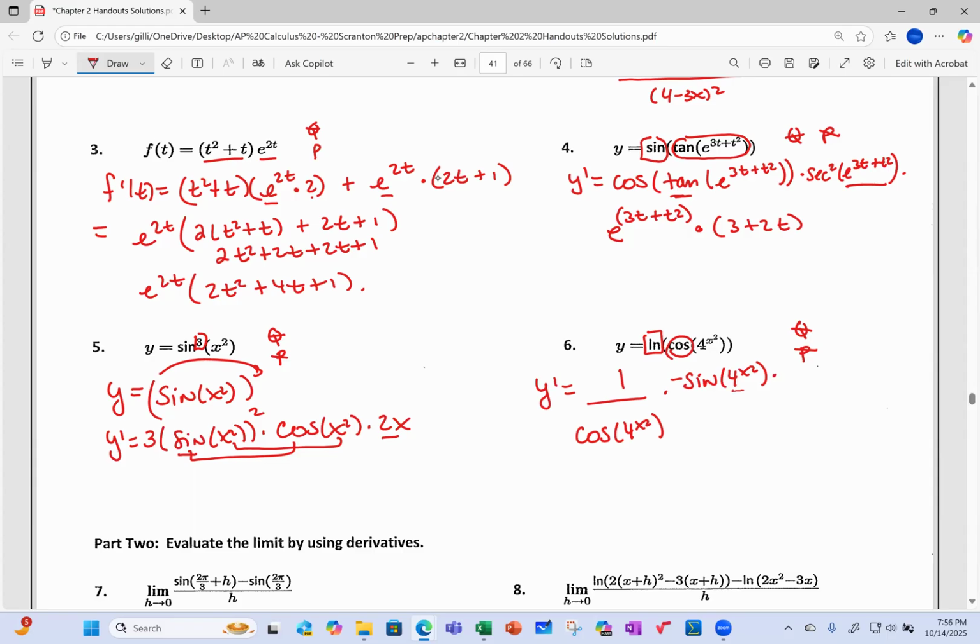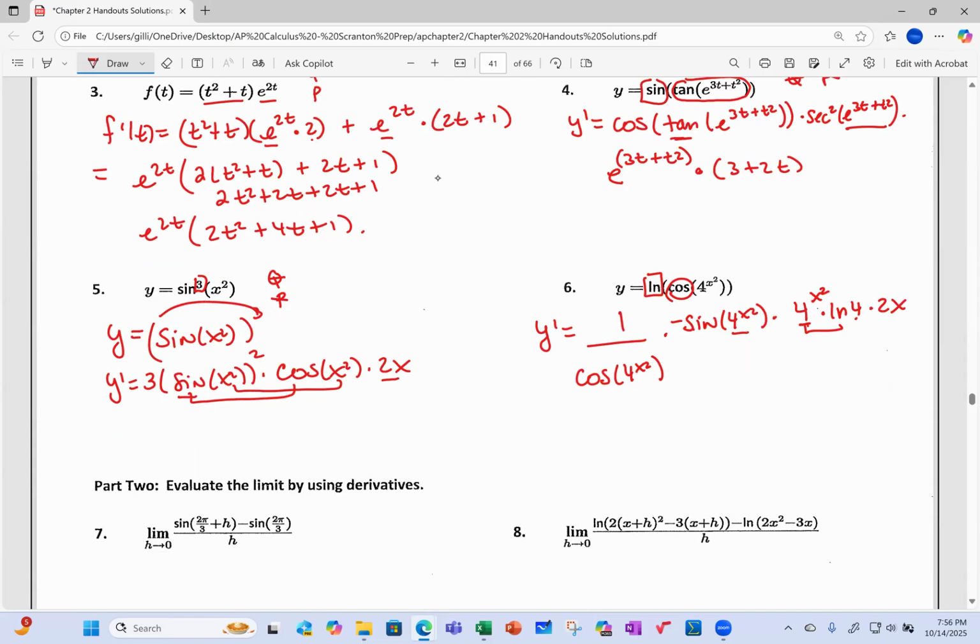But the derivative of this inside is exponential now. So it is the function itself times the natural log of its base, which is 4, times 2x. Okay, that's the derivative of an exponential function. The function itself times the natural log of its base times the derivative of the exponent. And this negative sign over cosine could just give you a negative tangent of 4 to the x squared.